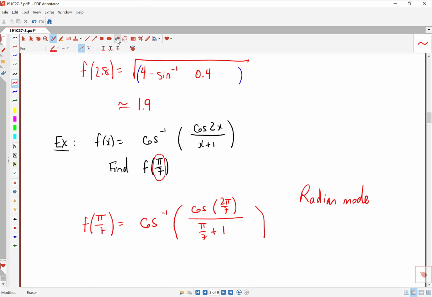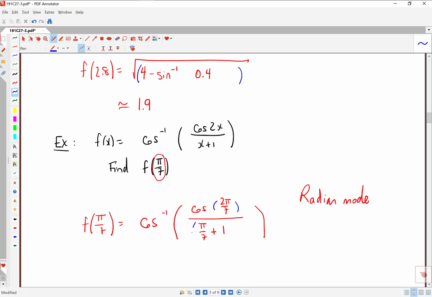If we were just writing this down and trying to keep our answer exact, the brackets that would be necessary here are really just the big brackets showing that arc cos is applying to all this stuff. But for the sake of the calculator, I'm going to put those brackets in blue. You would want brackets here so that the calculator understands all of 2 pi over 7 is going into the cosine function.